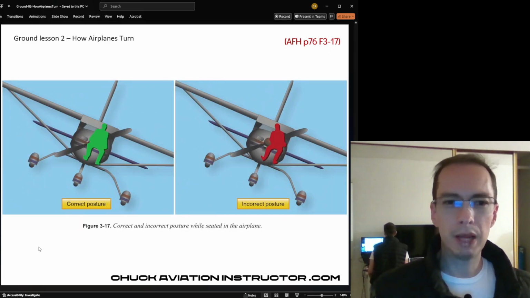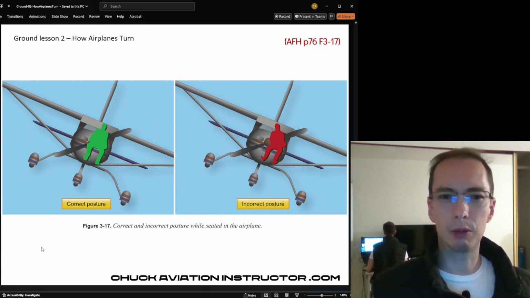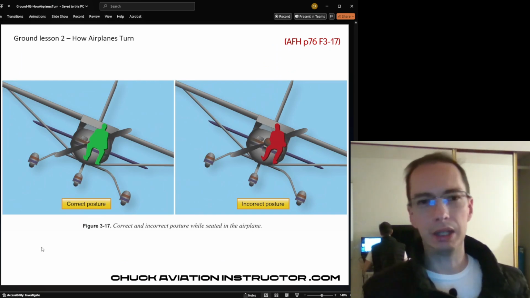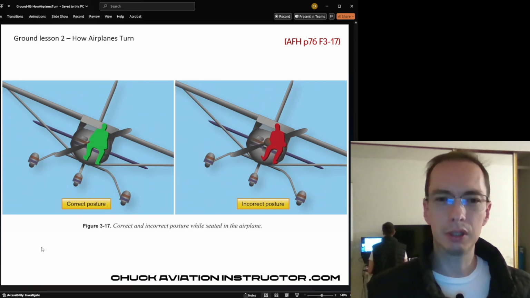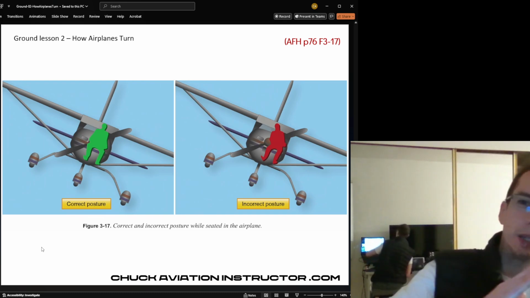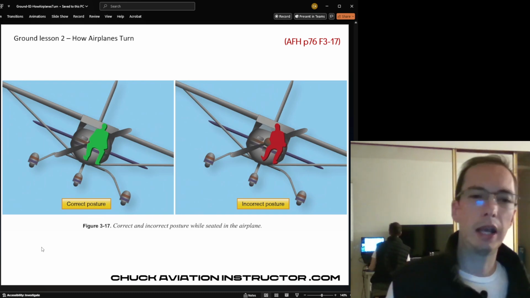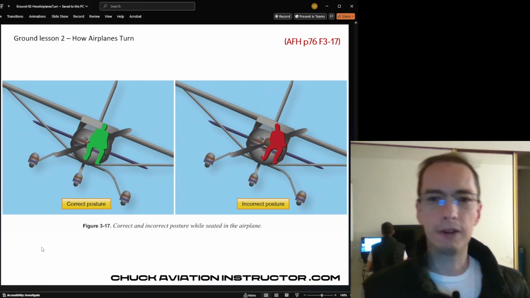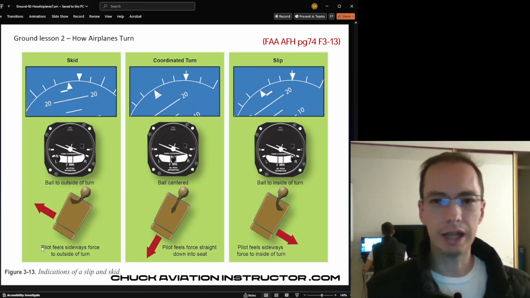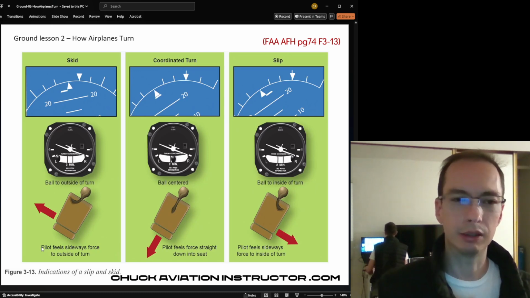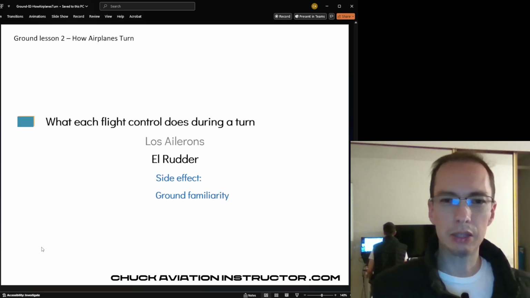And what matters is that the pilot needs to hold a correct posture aligned with the airplane vertical axis. Like in a motorcycle, when you want to turn, you align yourself with the motorcycle vertical axis, and you're not doing any funny business to the side because that prevents you from actually feeling these side loads and being able to correct them. So that's what the rudder does.